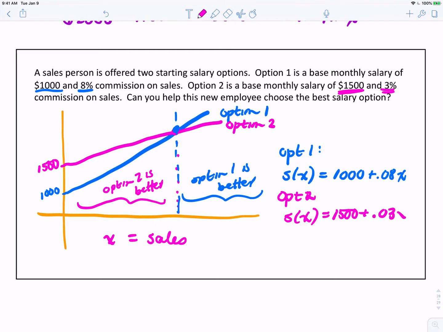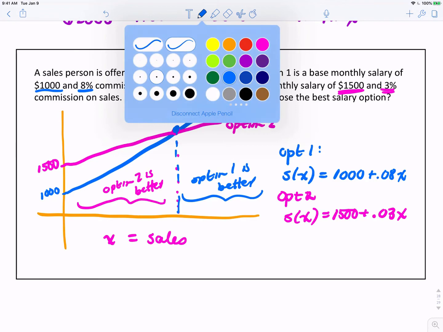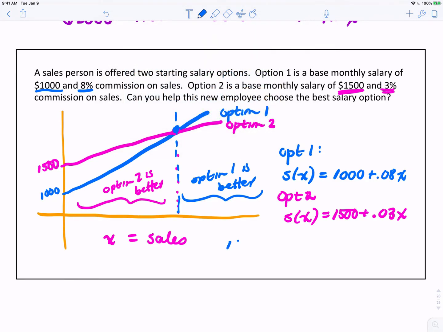That's 0.03x. And the question that we're trying to figure out is, when are these two the same? So when is option 1, which is 1,000 plus 0.08x, the same as option 2, which is 1,500 plus 0.03x?